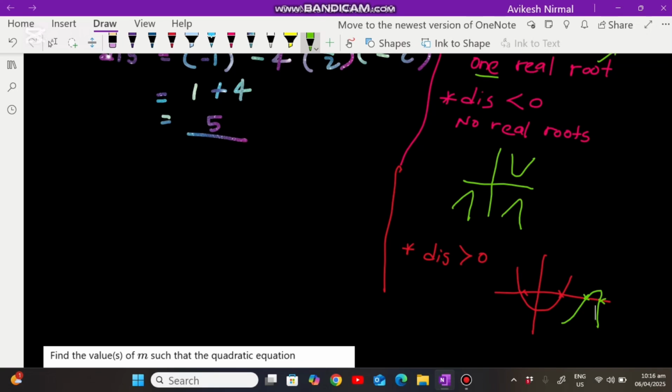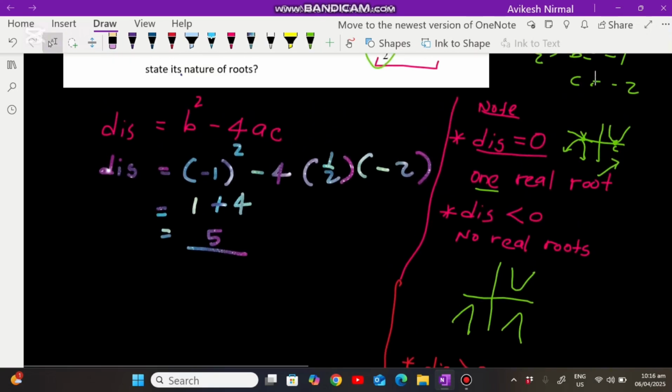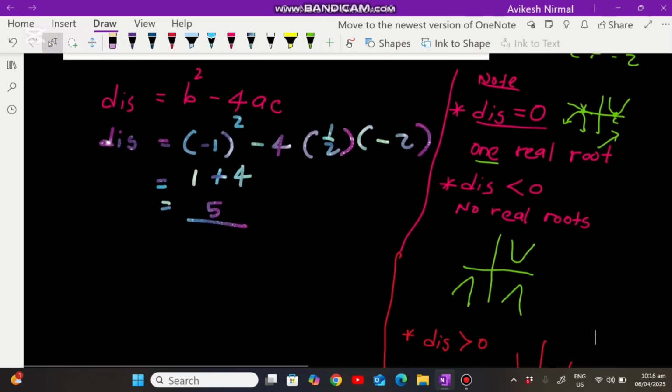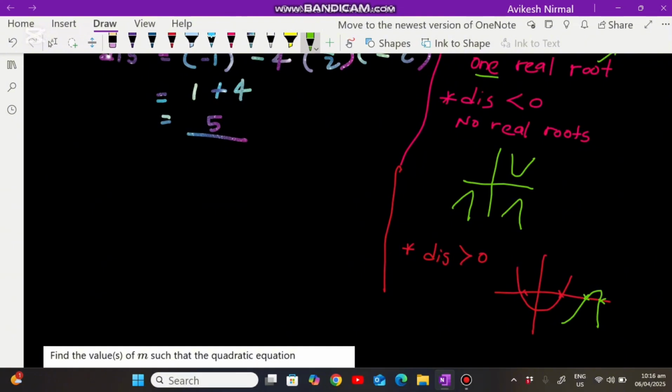So knowing these three points, from here we can see that we get a positive 5, and therefore I can say there are two distinct real roots.